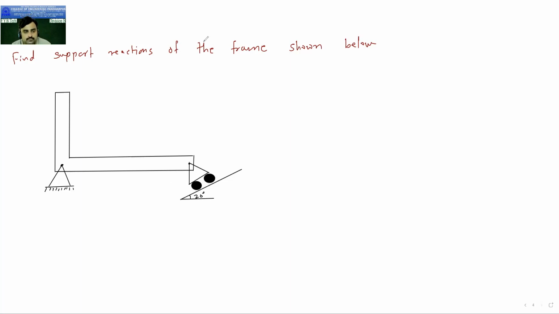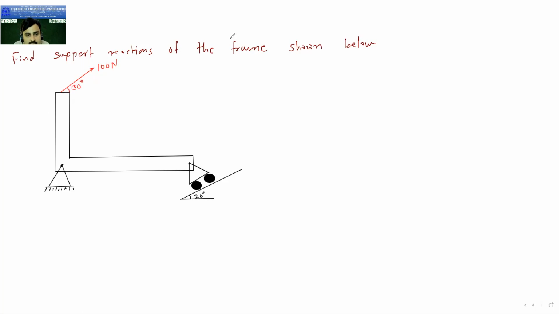So now the loading is given. So I will draw the loads. Here at this point, the force is given, which is of 100 Newton, and it is inclined at an angle of 30 degrees with horizontal.